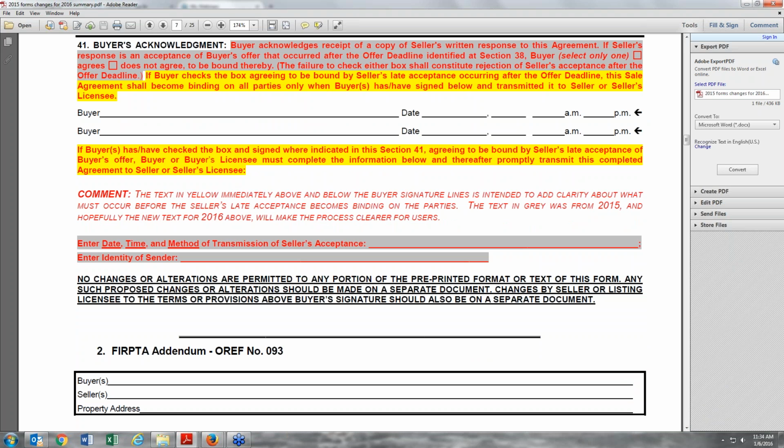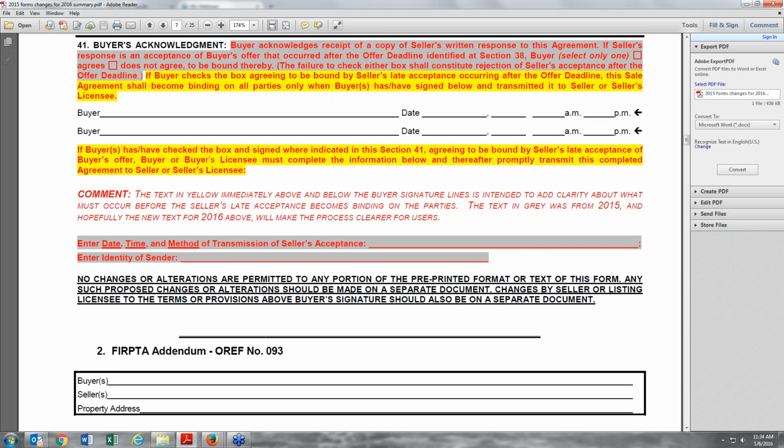Okay? So this is new: it says if the buyer checks the box agreeing to be bound by seller's late acceptance occurring after the deadline, then this sale agreement shall become binding on all parties only when the buyer has signed by law and transmitted it. Because of this late acceptance, now all of a sudden the ball has shifted to the buyer to say, yeah, I'm okay with that late acceptance, but you've got to tell the seller something.